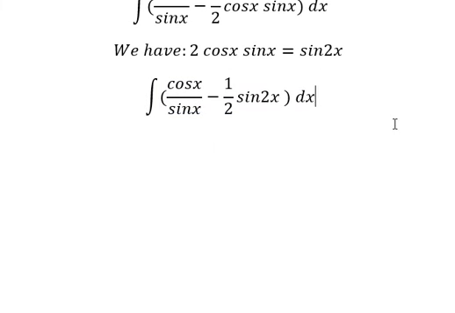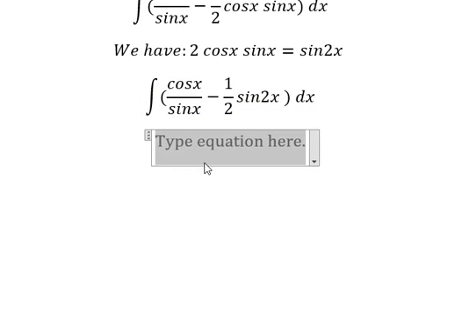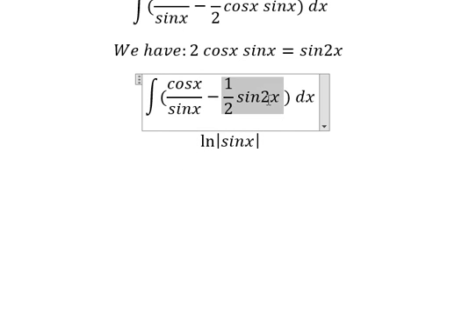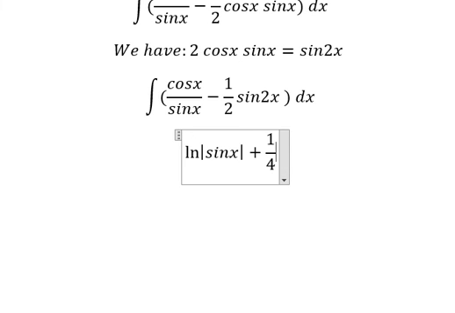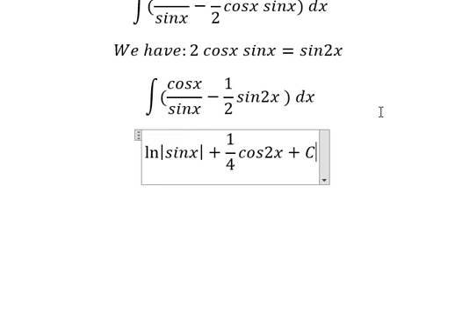And now we have the final answer. The integration of this one, we have ln of the absolute value of sine s. The integration of this one, we have positive 1 over 4 cosine 2s. And I will put about c.